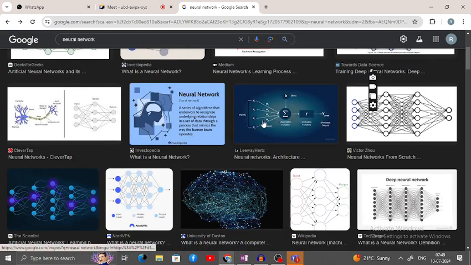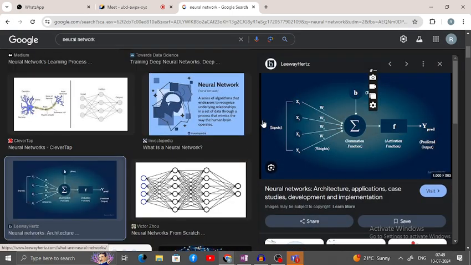So look at this. This is what I told. What is this? X1 W1, X2 W2, X3 W3, X4 Wn. So before this output, what happens? This is the summation of all the inputs, and as I told you, this is going to be passed through the activation function.